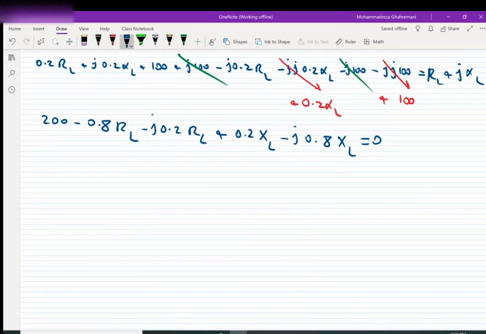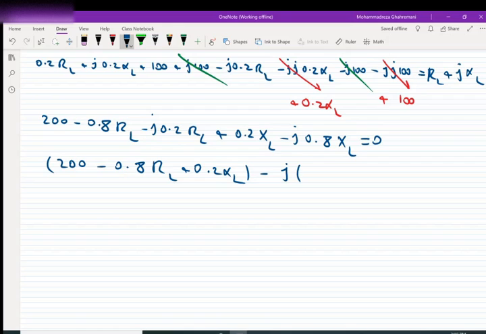So let's separate the real part and imaginary part of this equation. The real part is 200 minus 0.8 RL plus 0.2 XL, and factoring out minus j, the imaginary part is 0.2 RL plus 0.8 XL, equal to 0.